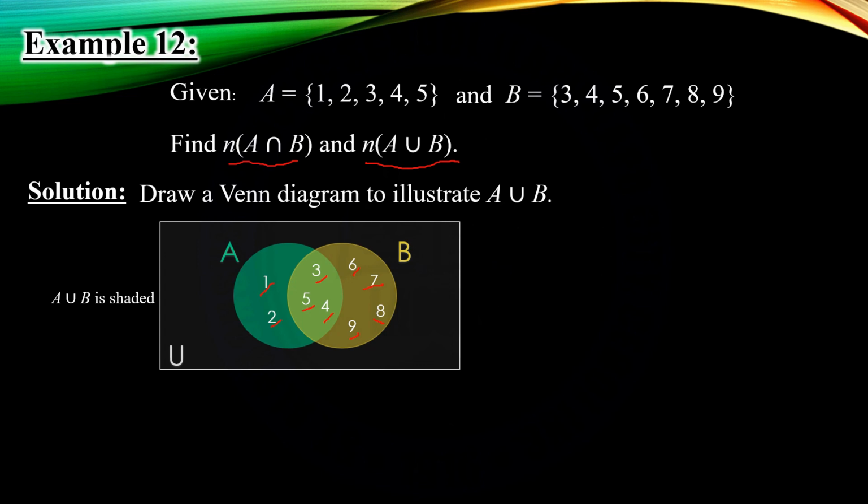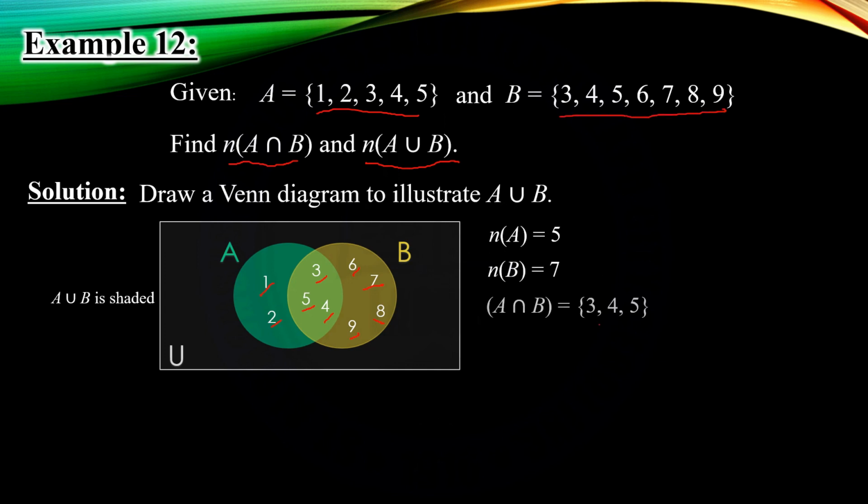Next is to identify the cardinality of set A, which is equal to 5, because there are 5 possible outcomes here. The cardinality of set B is equal to 7 because there are 7 possible outcomes here.